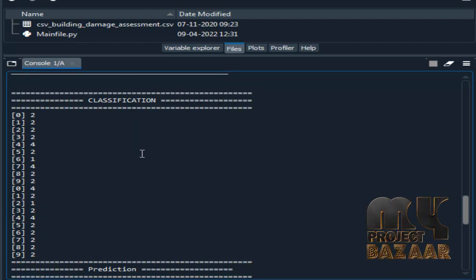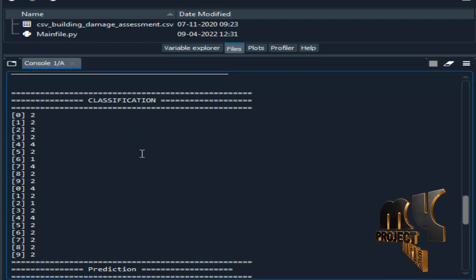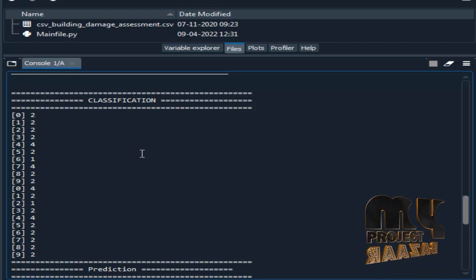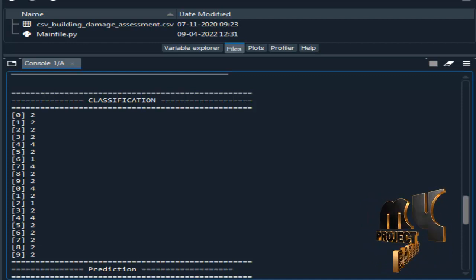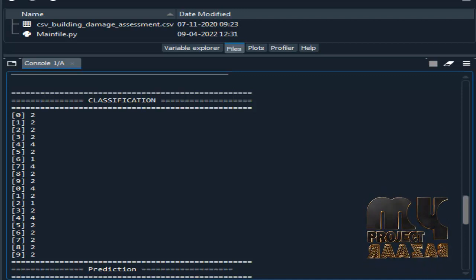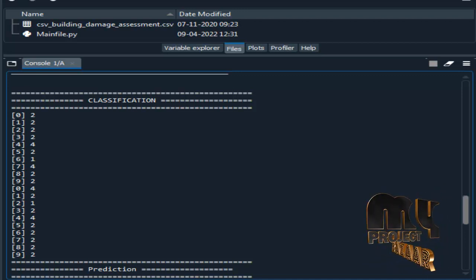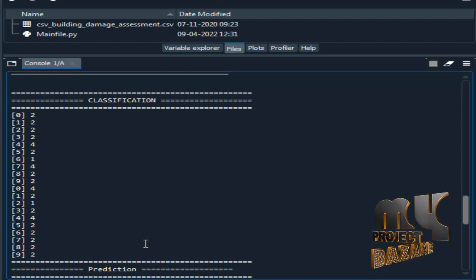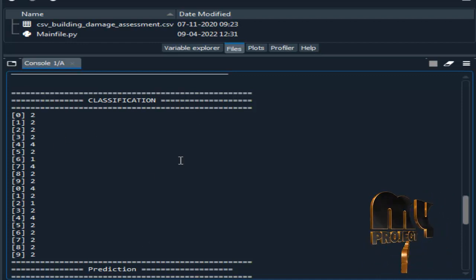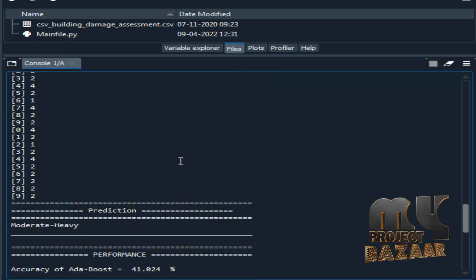After that classification, where we implement different ML algorithms, that is AdaBoost and decision tree. AdaBoost is the existing method and decision tree is the proposed method. So we conclude that the proposed is efficient. The decision tree algorithm's result must be higher when compared with the AdaBoost algorithm.